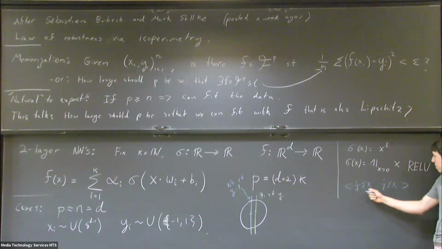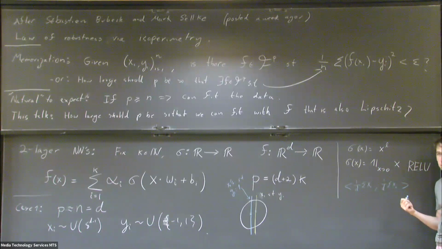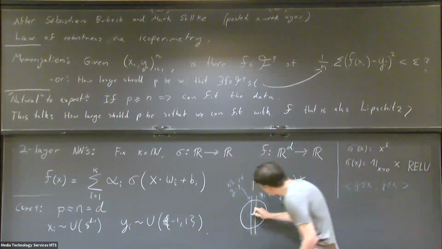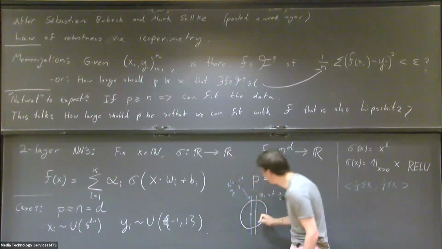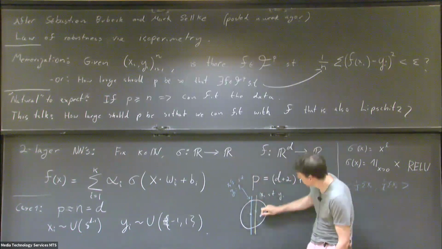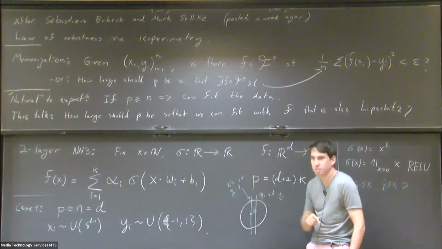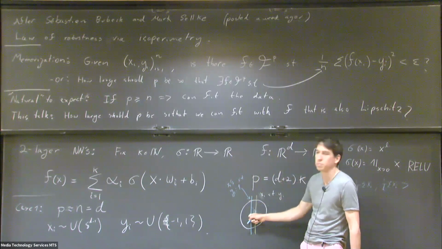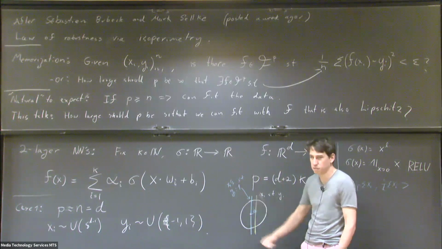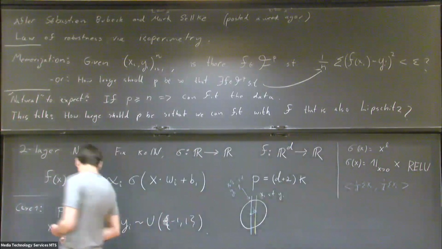If I put the sum outside, it's 1/d squared times d. So the norm squared is 1/d. So this is 1 over root d from the origin, and also this one. So this distance is 1 over root d. But I know that this point is 1 and this point is minus 1. Okay, good.